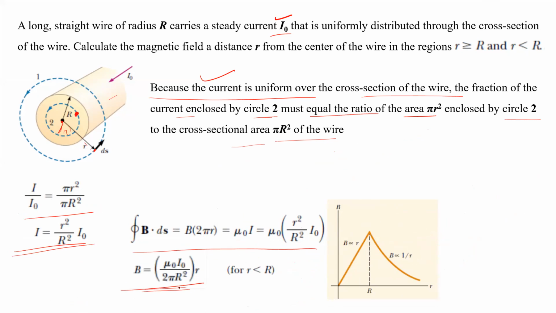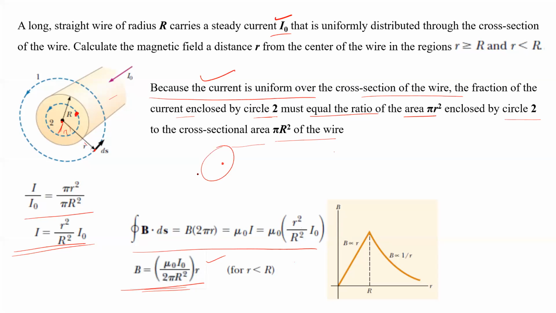So this is for r less than R, that is, inside the cross section, if we consider a point and calculate the magnetic field, what does it mean at the center of this cross section, the current carrying cross section?